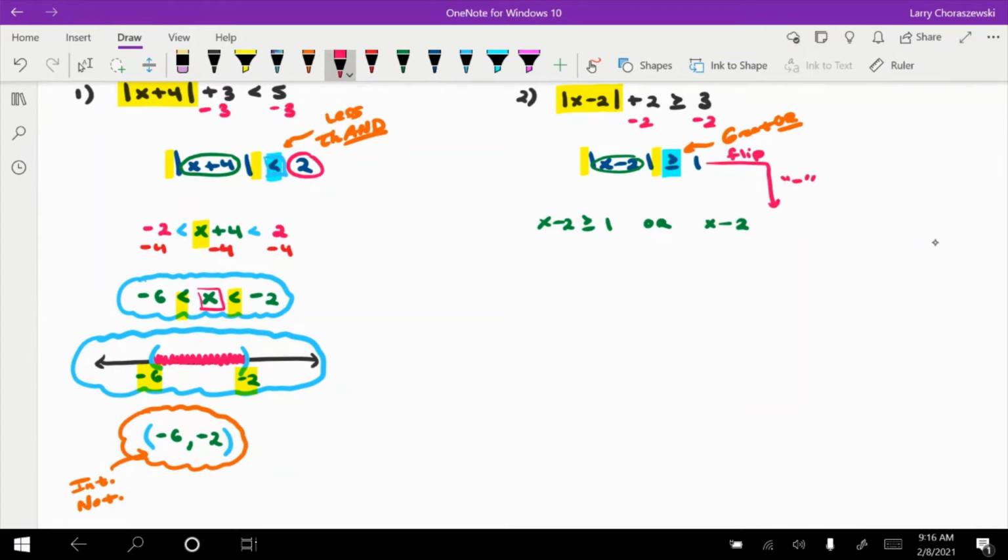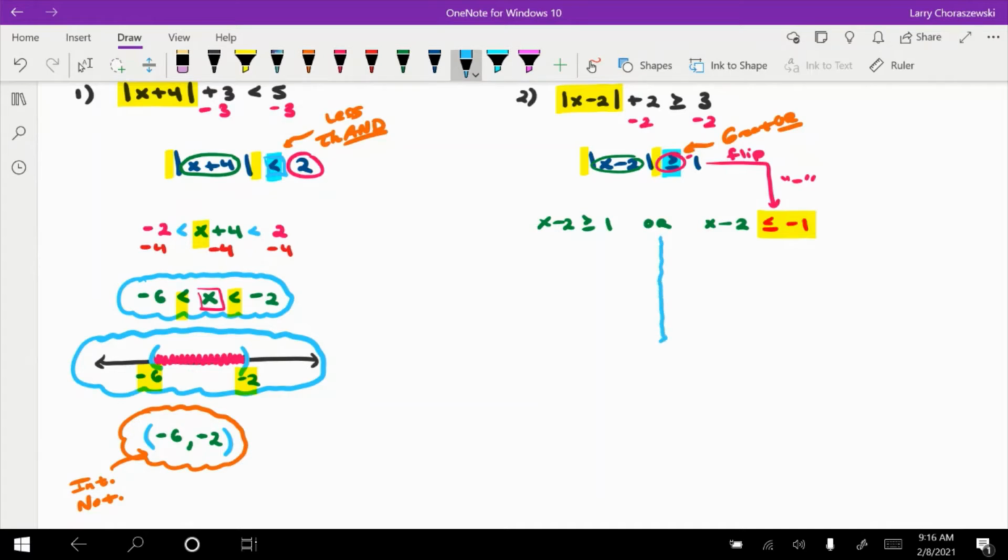So what I mean by that is we're going to flip the inequality symbol to less than or equal to, and we're going to change the 1 to a negative 1. Okay, really key detail right there that is easily missed. So just be careful, take your time, make sure you got that set up correct.